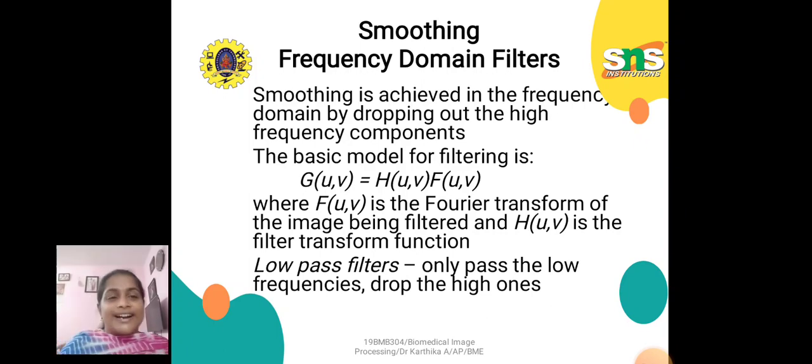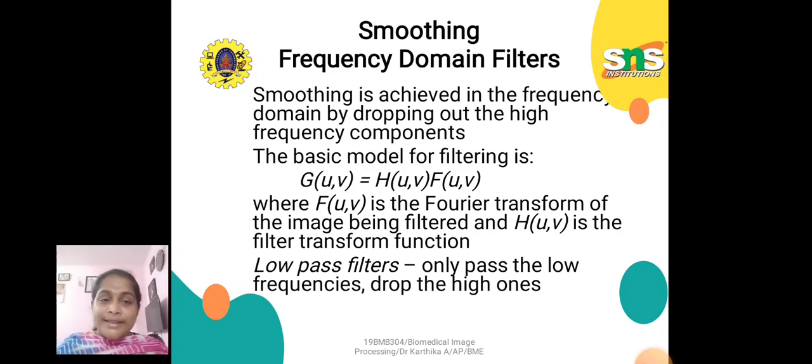Okay, in smoothing frequency domain filters, we use G of u,v and H of u,v. What is the purpose of smoothing and sharpening? Actually, smoothing and sharpening are mainly used to eliminate the unwanted components in the image.